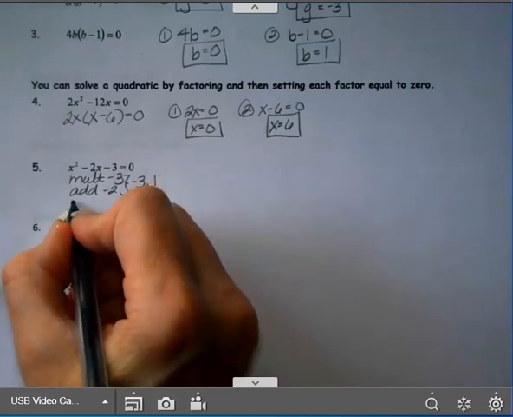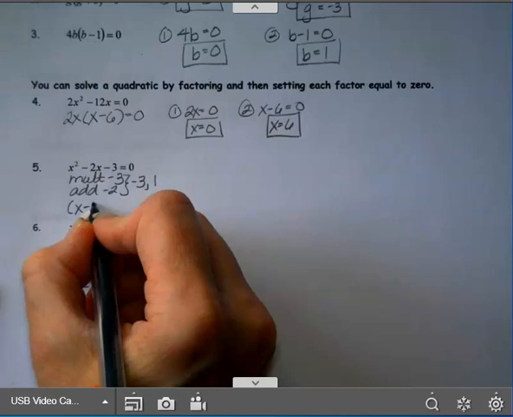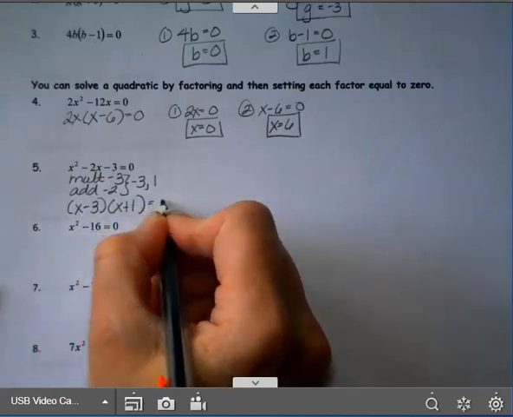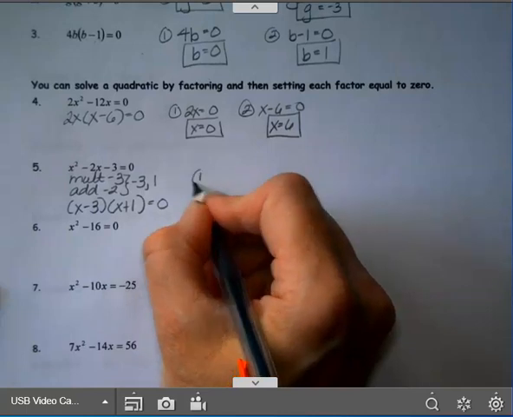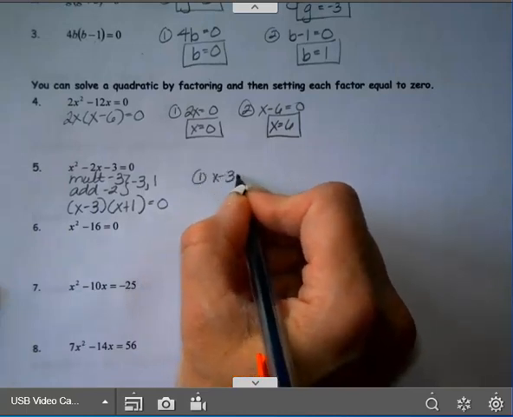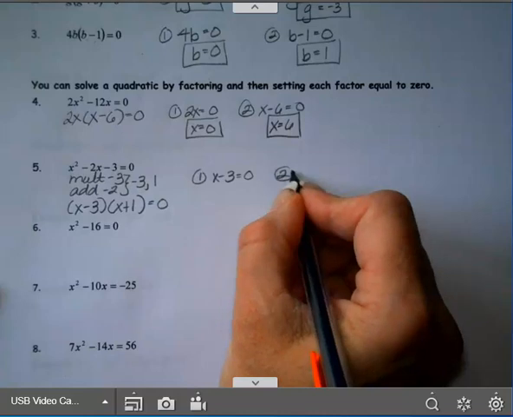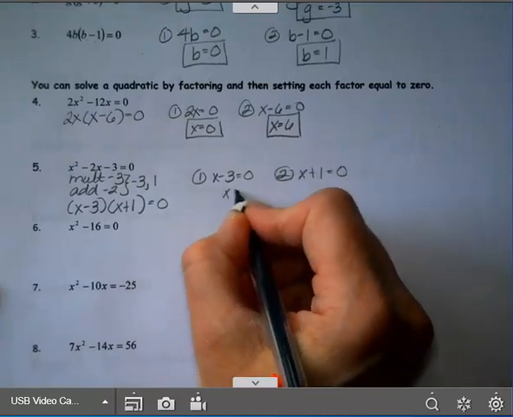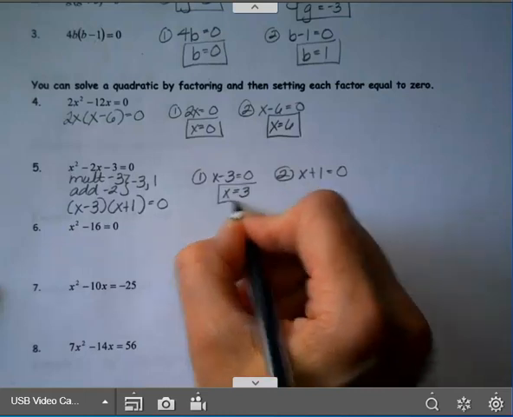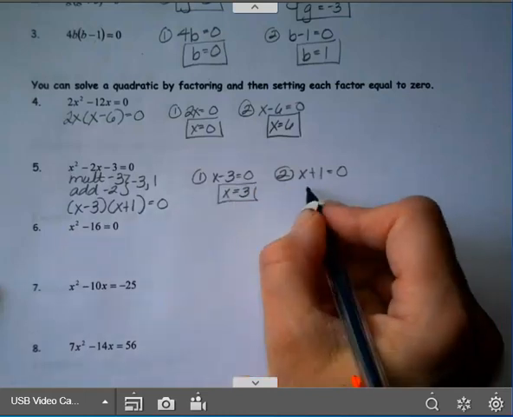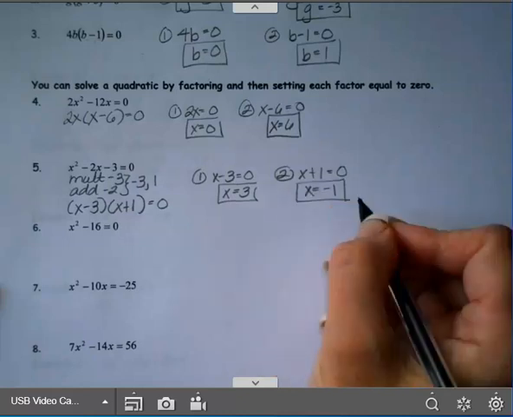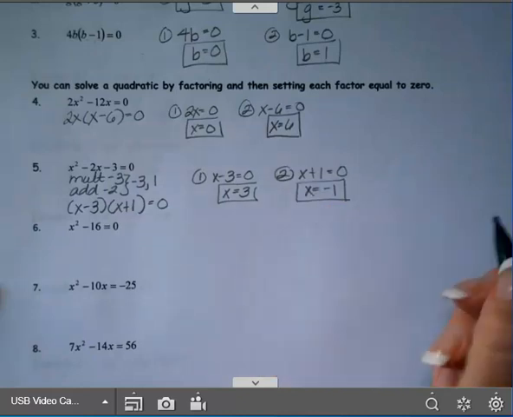So this will factor into x minus 3 times x plus 1 equals 0. And you'll set each of those factors equal to 0. Add 3 to both sides, so one solution is x equals 3. On the second one, subtract 1 from both sides, and x equals -1 is your other solution.